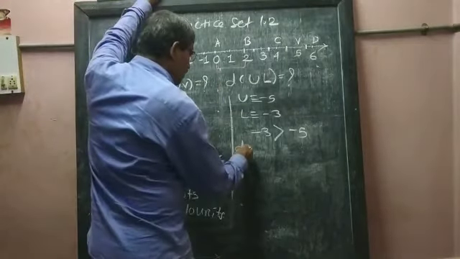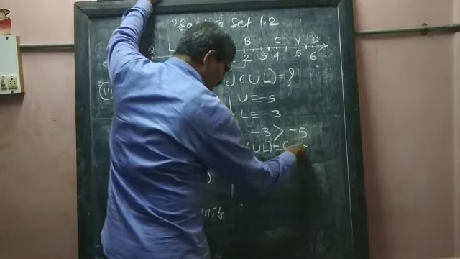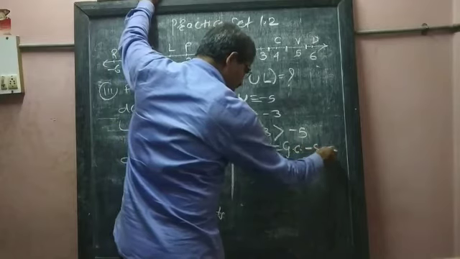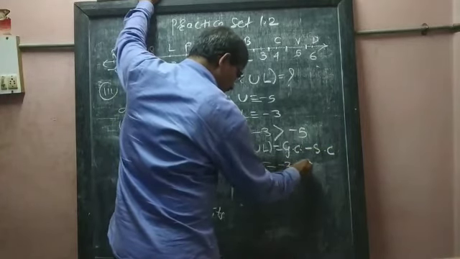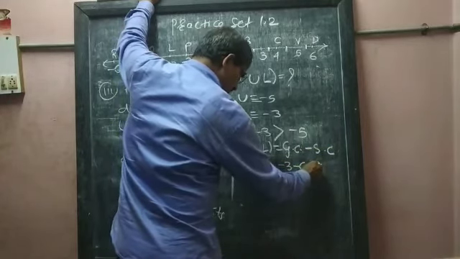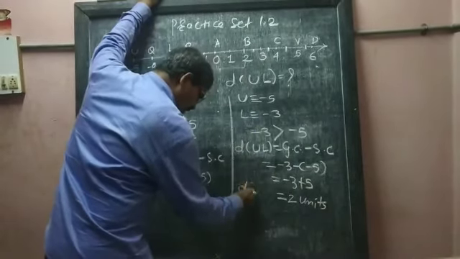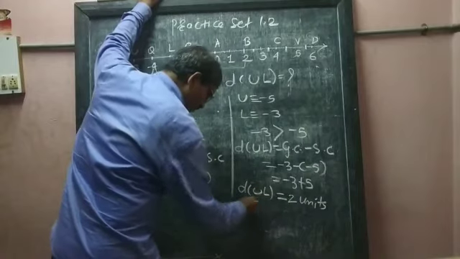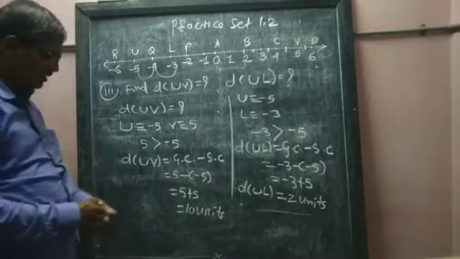Therefore, distance of UL is equal to greater coordinate minus smaller coordinate. Therefore, minus 3 minus in bracket minus 5, so minus 3 plus 5 is equal to 2 units. Distance UL is 2 units. So dear friends, this practice set 1.2 is completed.